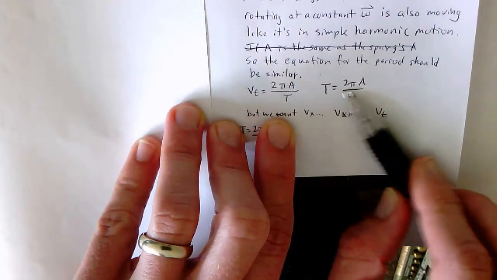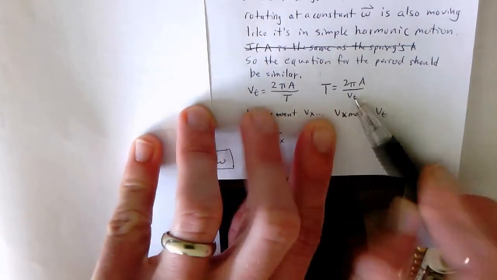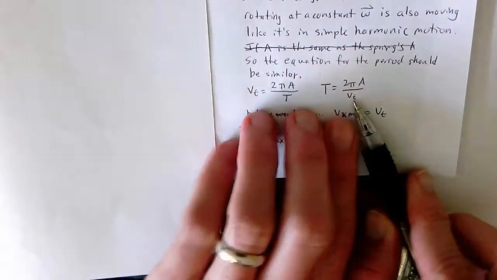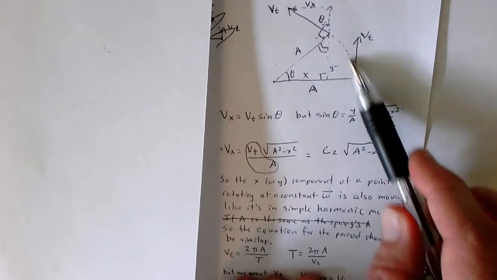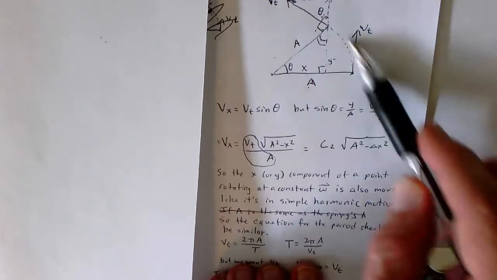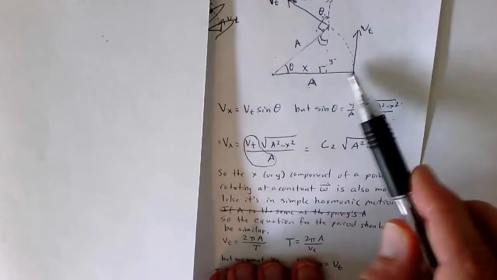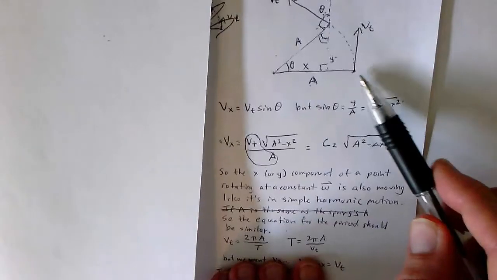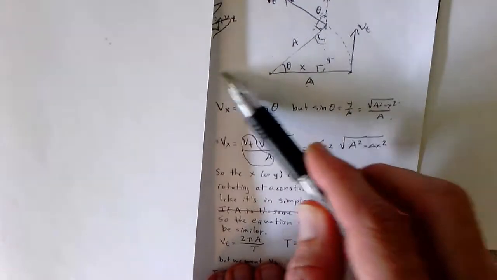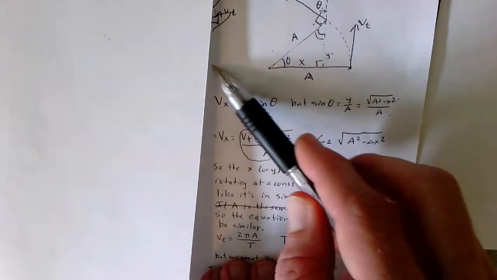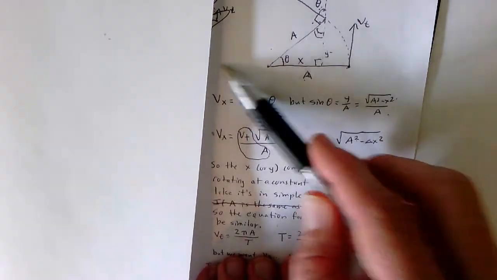And just solving for the period, we get 2 pi a over vt. But here's the deal. We don't really want vt, because vt is not the direction we want. We want the velocity in the x, or we could have chosen the y component, because only that part of the velocity is simple harmonic motion.